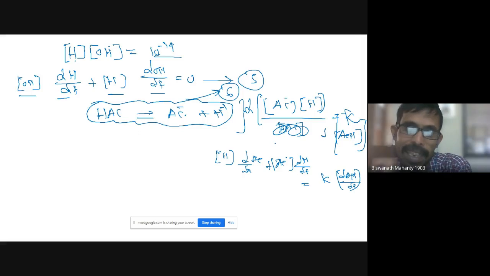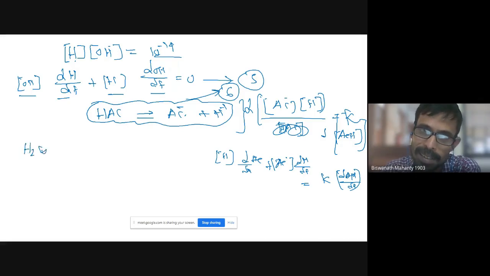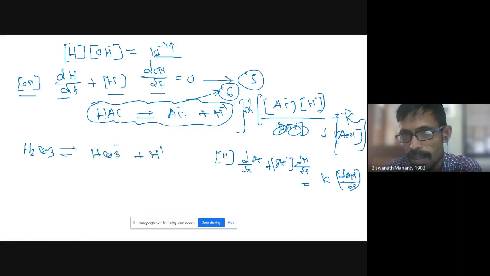I need another three. Now it is very high time you should respond. Another two equations I can very easily write. H2CO3 forming HCO3 minus. This is also one equilibrium. I am not writing again. Last class we have written, you remember?